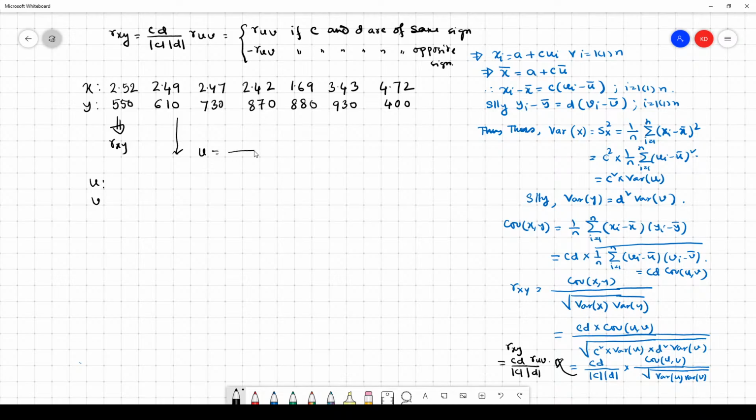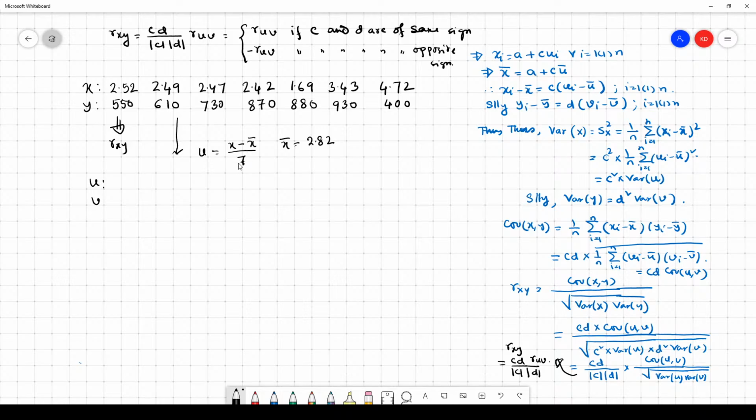Generally we consider c as x bar, which is the mean of x, and the mean of x here, if we compute it, is 2.82, and you can take a suitable c here. So c you may take 7.